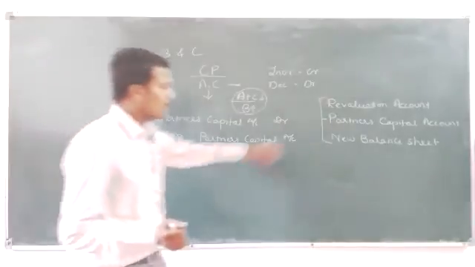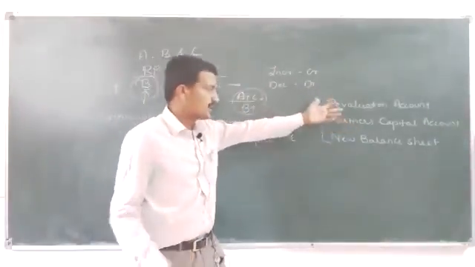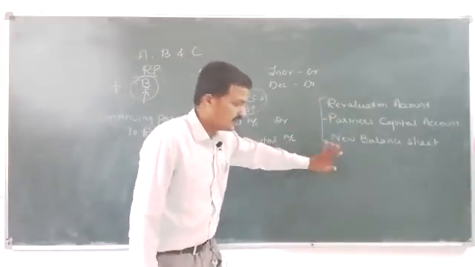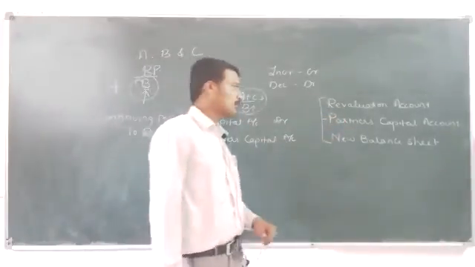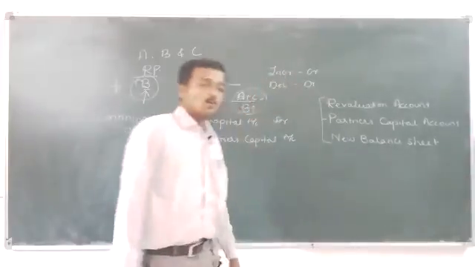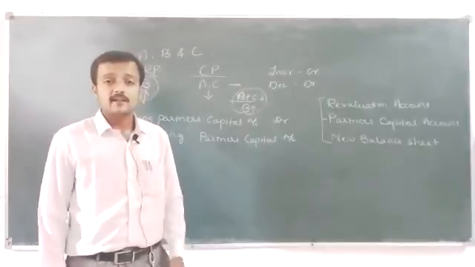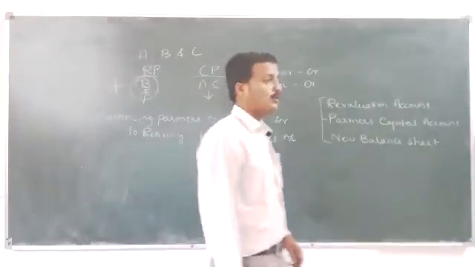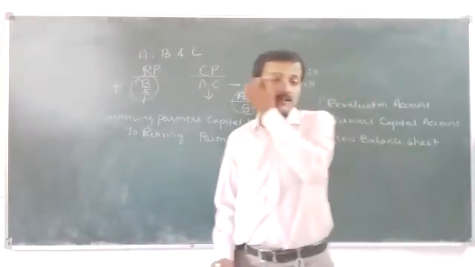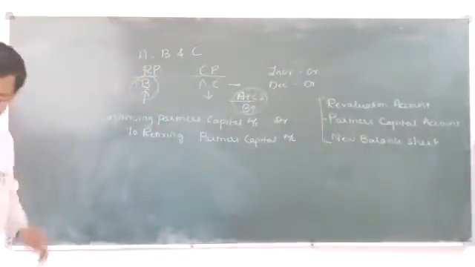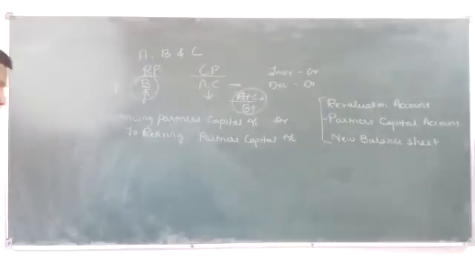Remember, you need to prepare the revaluation account, then the partner's capital account and the new balance sheet. No need to explain what a revaluation account is. One more thing to remember: here old partners means all three, and continuing partner means the one who is left after a partner's retirement. So now, let's start.